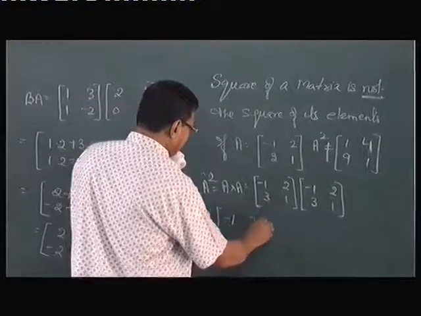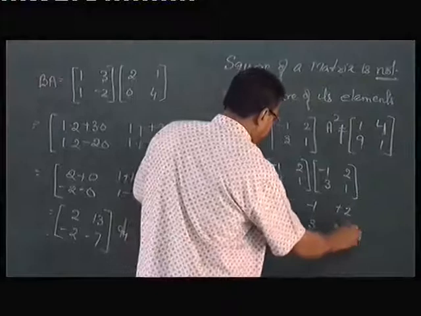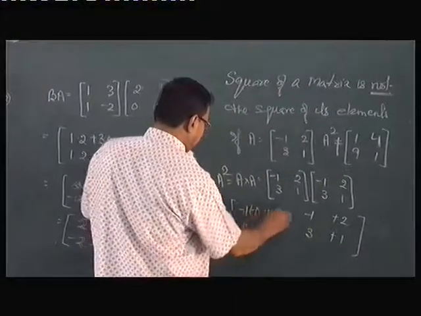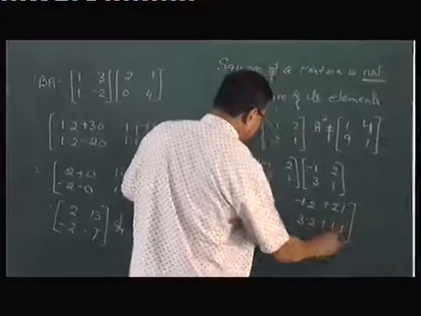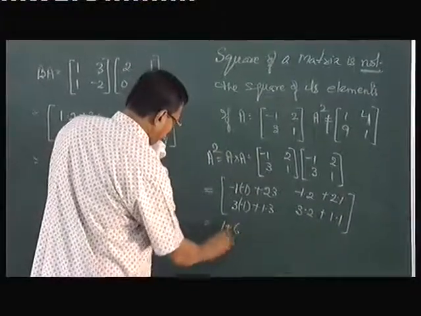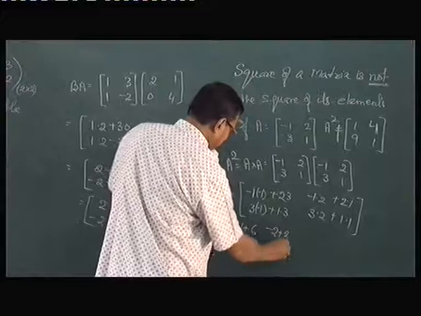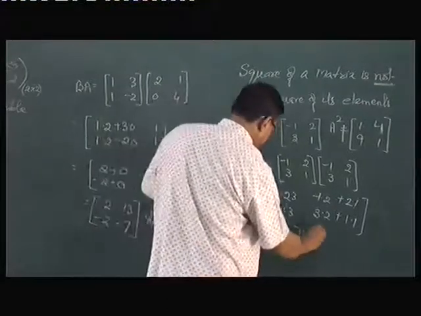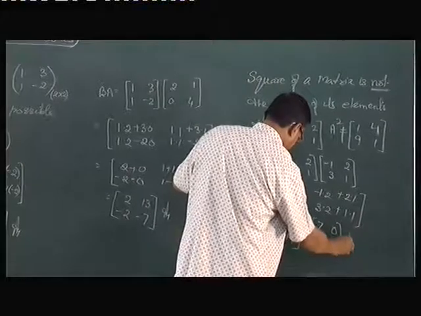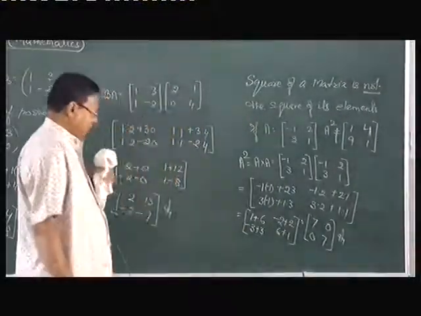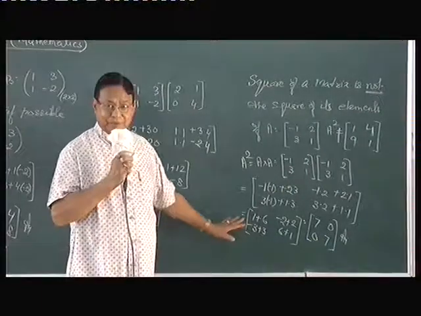So I am doing this minus 1 plus 2, minus 1 plus 2, 3 plus 1, 3 plus 1, multiplied with minus 1 and 3. So this is the square of a matrix.